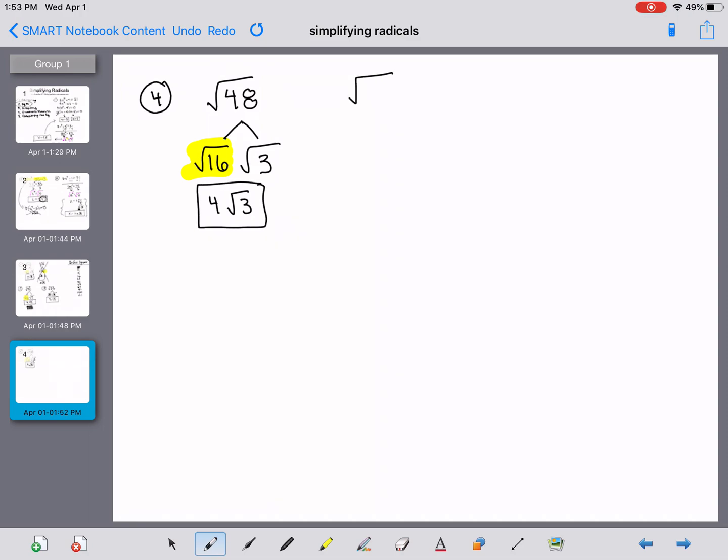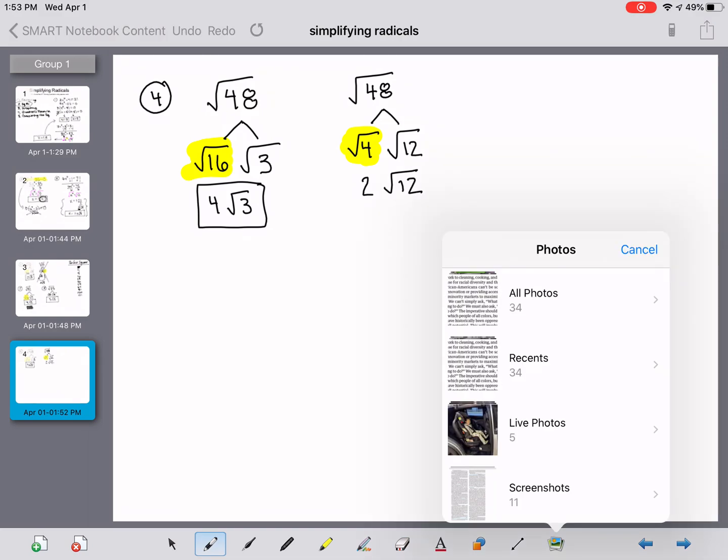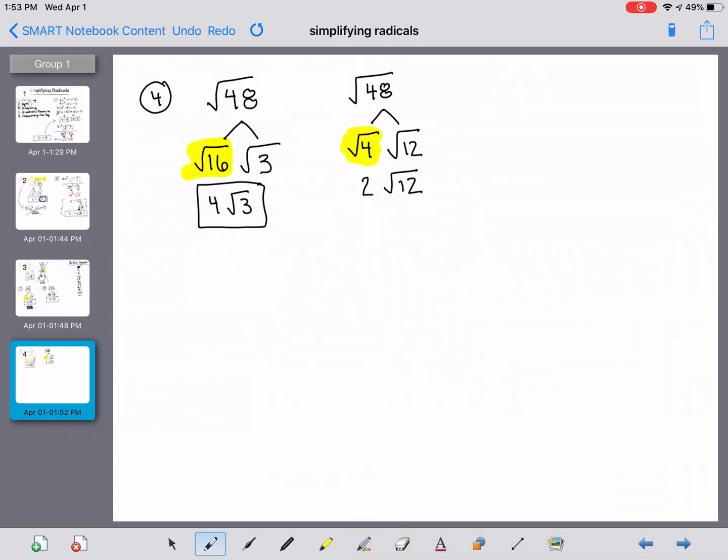Now, another person may have done the same question, gotten the same answer for root 3, but used different numbers. Okay? So here's what you could have maybe done. Maybe you thought 4 and 12. 4 is a perfect square. The square root of 4 is 2. And then you bring down your square root of 12. Here's the problem. Square root of 12 has a perfect square in it, right? So square root of 12 can still be simplified.